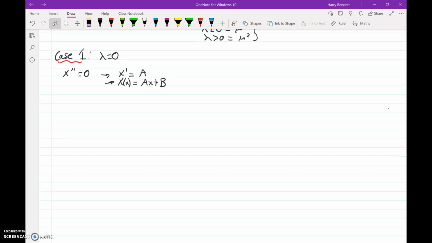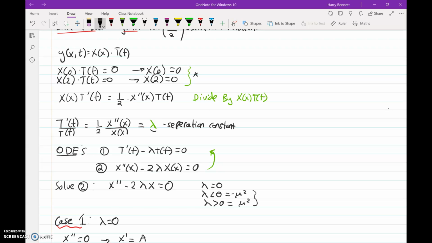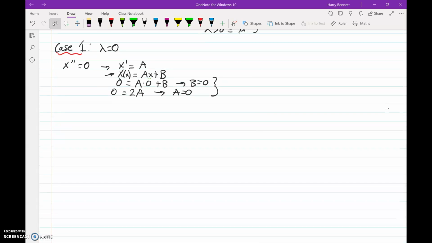So inserting our boundary conditions, we have, which follows that b is equal to 0, and the second boundary condition is, which follows that a is equal to 0. This is from up here. Hence we have a trivial solution.